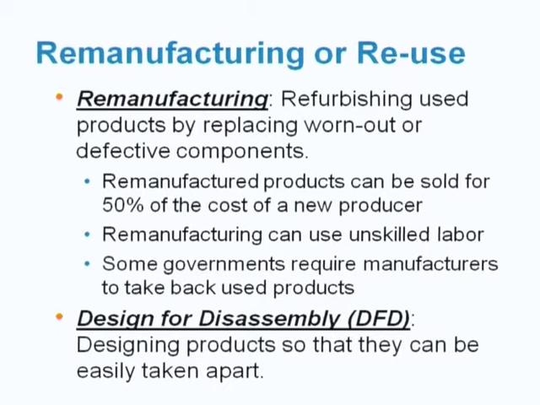What are the good points? For example, remanufactured or reused products can be sold for 50% cheaper, and we can use unskilled labor. And in some countries, the government will require companies to do reuse or remanufacturing if you want to do business in those countries.